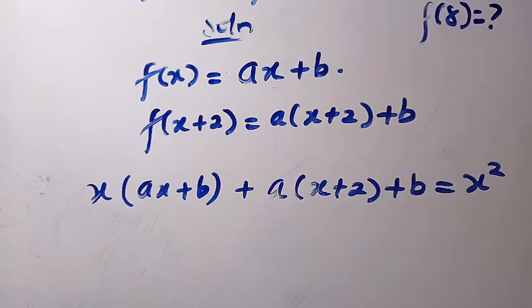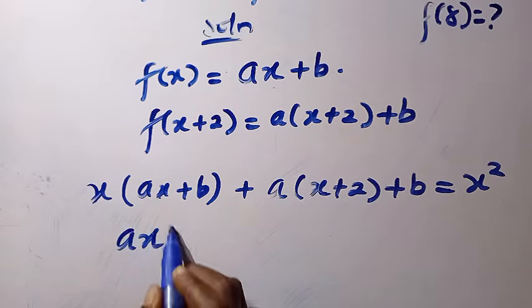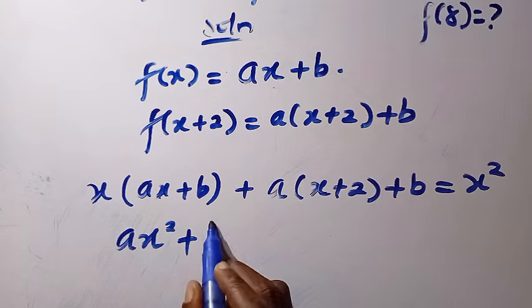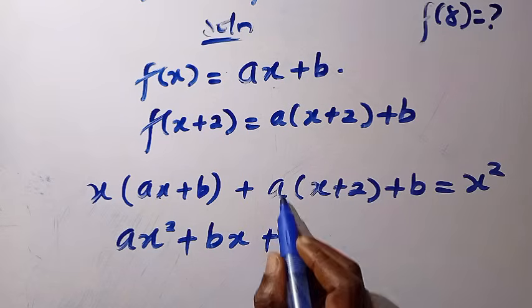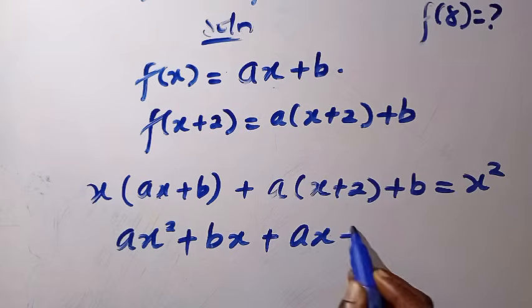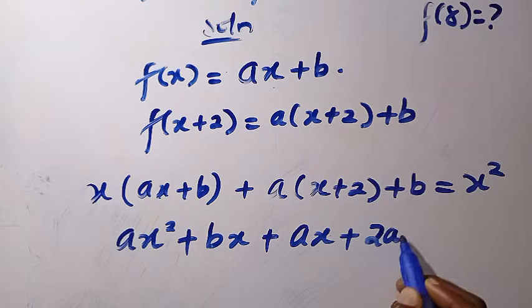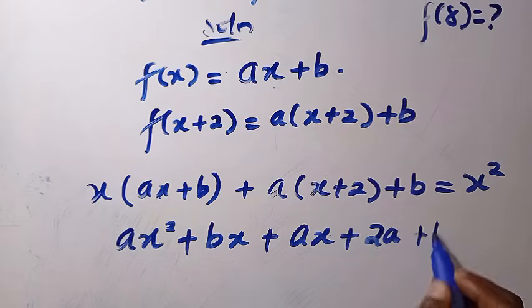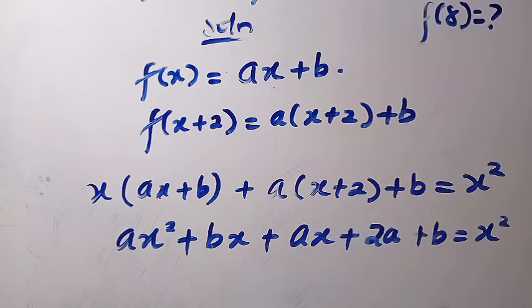Before the conclusion, let's open this. x multiplied by ax gives ax squared, plus x multiplied by b gives bx, plus a multiplied by x gives ax, plus a multiplied by 2, that is 2a, then plus b equals x squared.